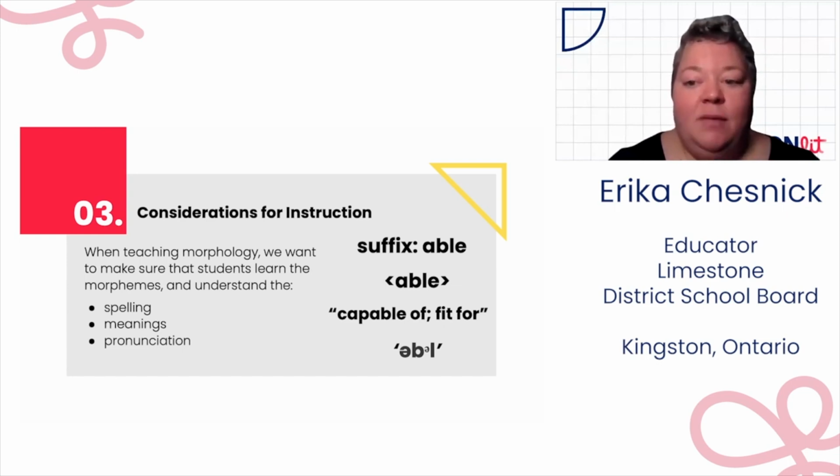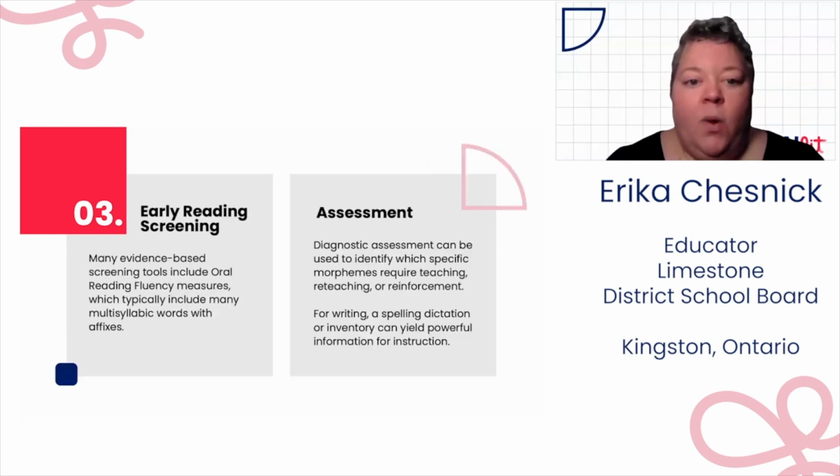With the suffix able, we actually pronounce it able, with that sneaky schwa popping out. Students having this understanding of the pronunciation shift will help them read the word not as read able, for example, but correctly as readable.